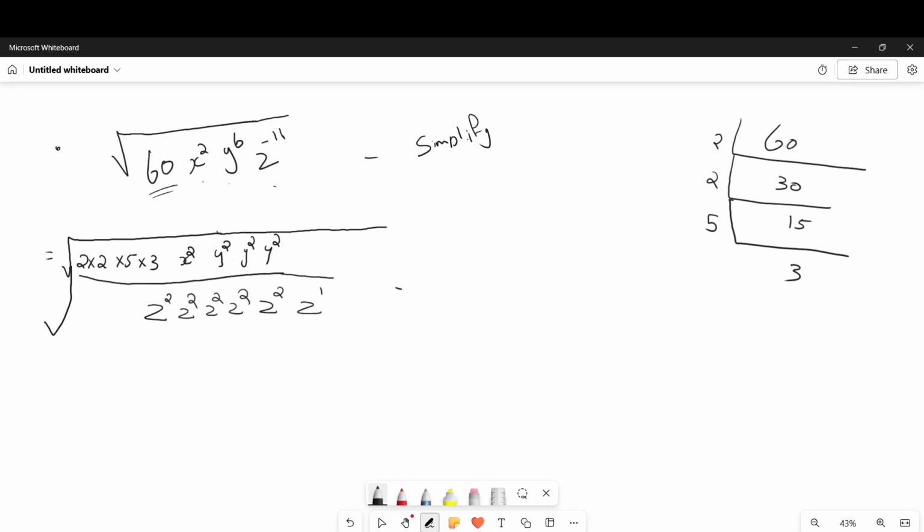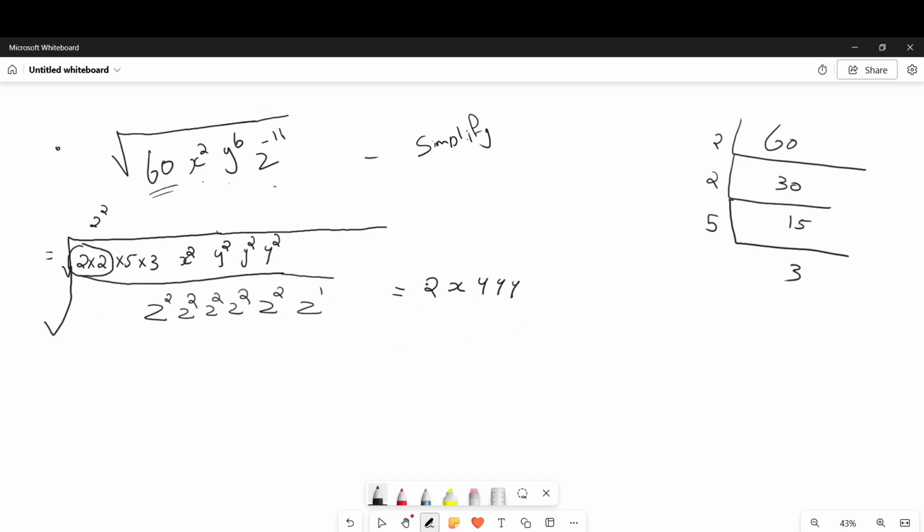So from here, we need to factor the perfect squares and pull them out. 2 times 2 is 2 squared, it's a perfect square, so we pull out 2 from the radical symbol. The next is x, we can pull out because it's a square. Then y squared, y squared, y squared: 3 times y we can pull out because it's a perfect square, since it's the square root symbol.